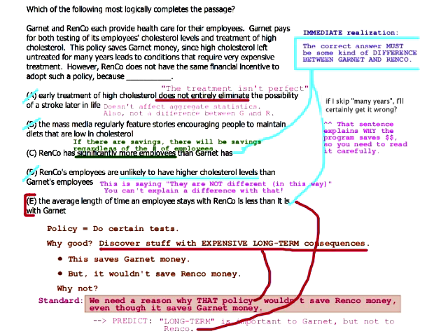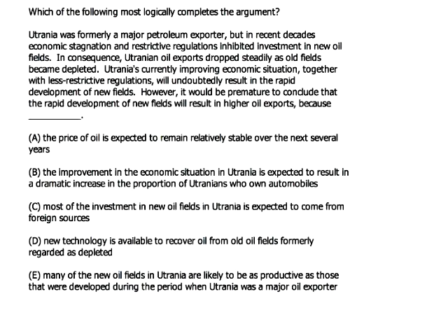All right, so let's do one more of these. Why don't we do this one? And then we can do the other ones in the stack next time.